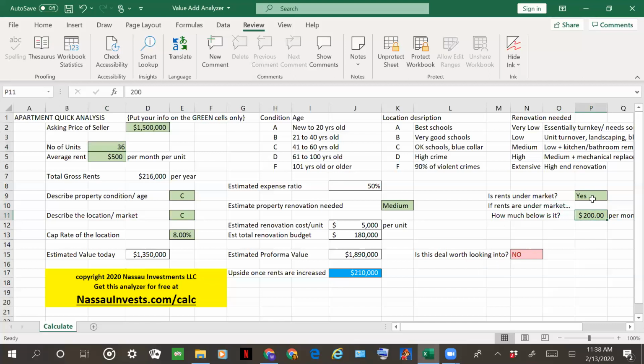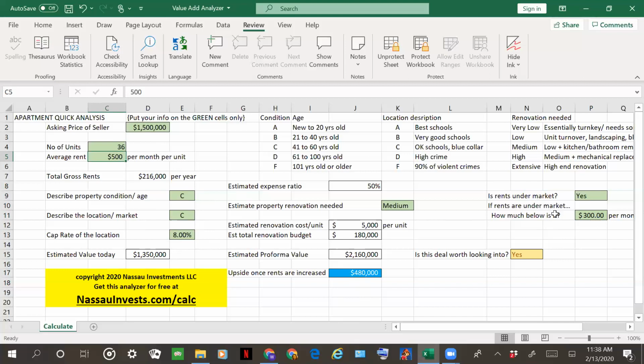So let's say for this particular deal, let's increase it to $300 per month per unit, so the rents are undervalued by $300 per month per unit. Then voila. You buy it for 1.5, even though you're overpaying for it by $150,000, by 10%.